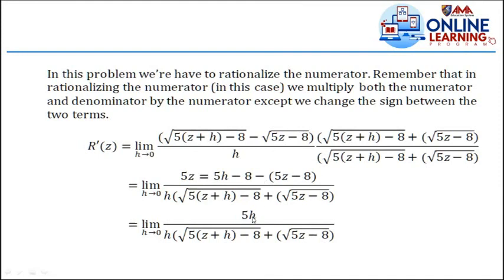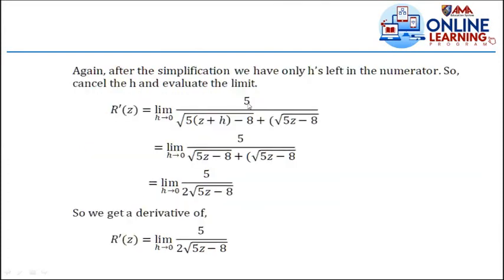So by this time, yung h saka h, we're going to cancel. Okay? Pag kinancel mo siya, ito na yung natira, 5, over the square root of 5z plus 5h minus 8 plus the square root of 5z minus 8 as h approaches to 0. So if we're going to substitute our limit sa variable po natin, ito magiging 0 na siya.